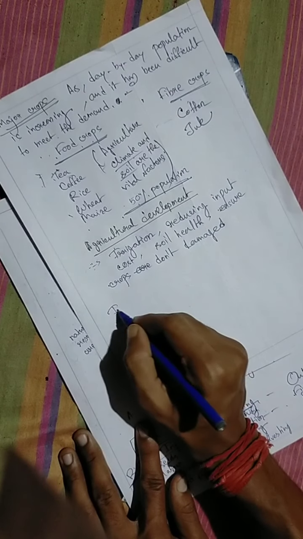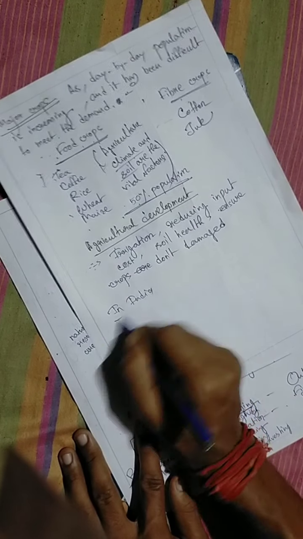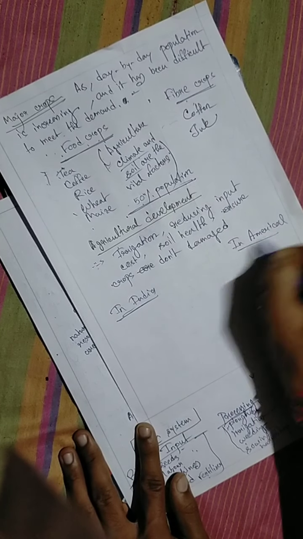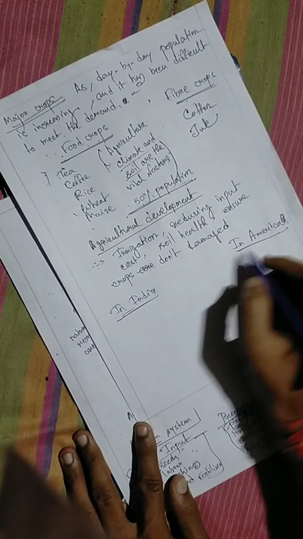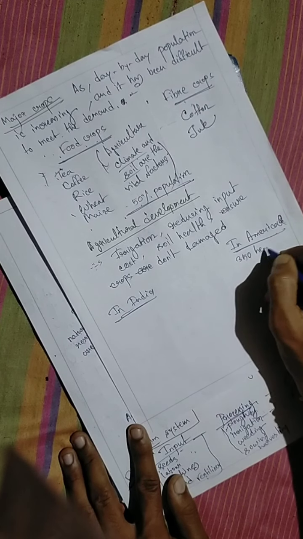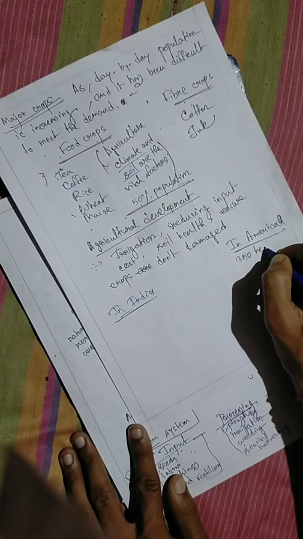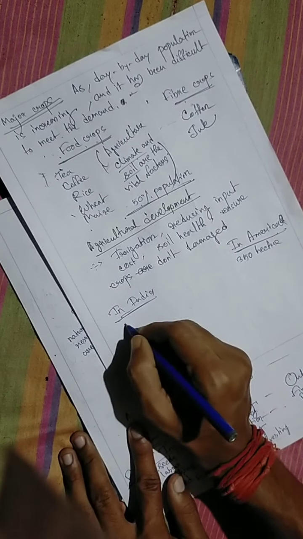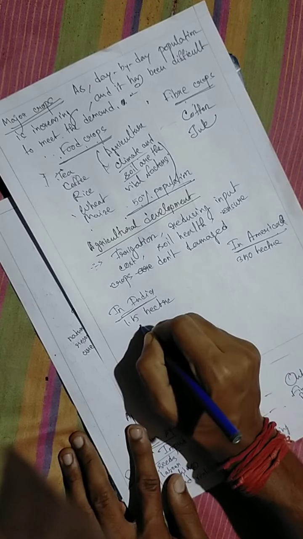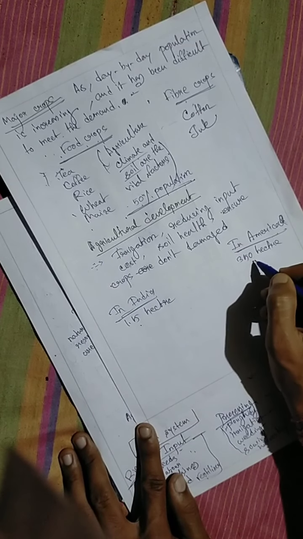In America, agriculture is developed because big land is used. Average land is 350 hectares, and in our country it is only 1.5 hectares. So there is a big difference. A large amount of land is needed.